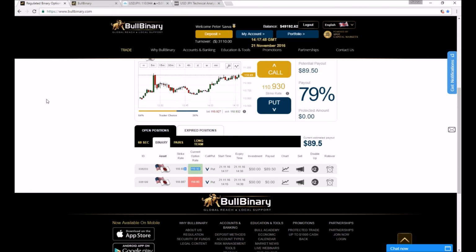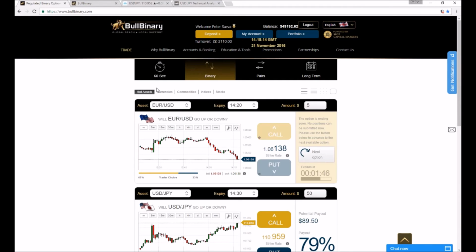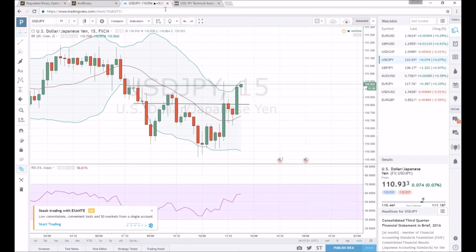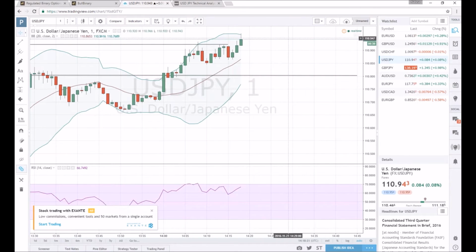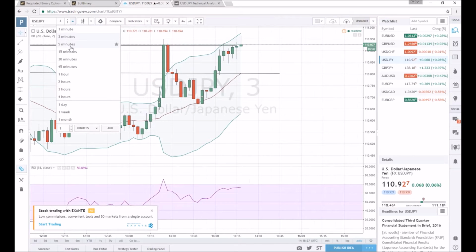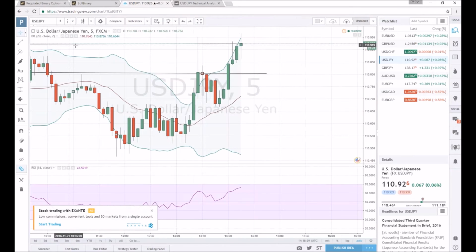Okay, so for example, right now, I can go to 60-second trading. I can go to my charting station, I can go to 1 minute, and I can start seeing. As you can see, a signal was there on the 1 minute for a put option. We can go to a 3-minute chart just to see how it is. A 5-minute chart, as you can see, it's starting to push its way downwards.